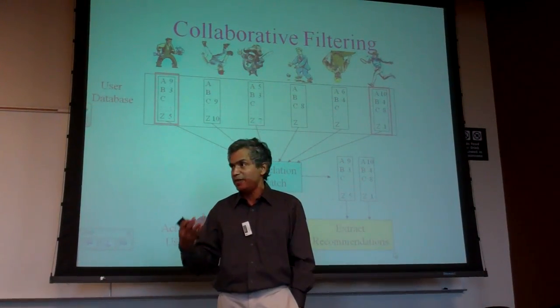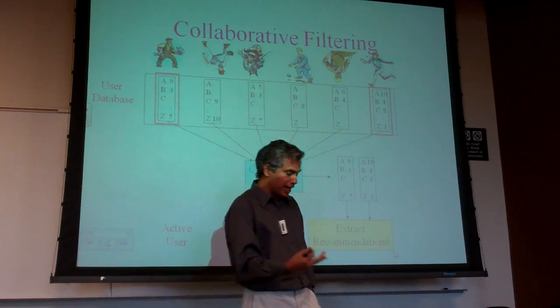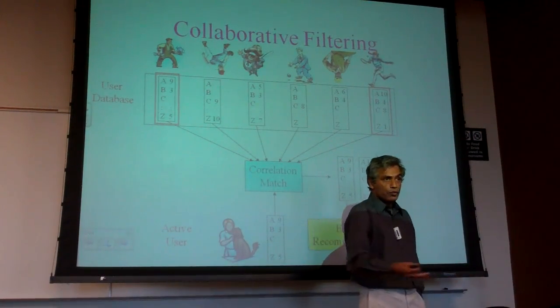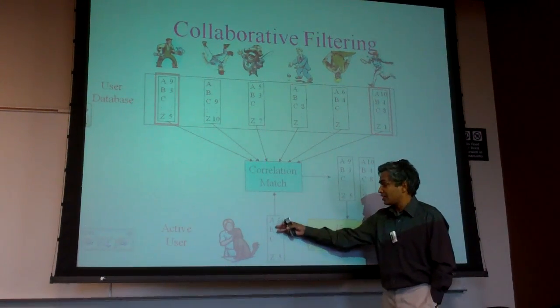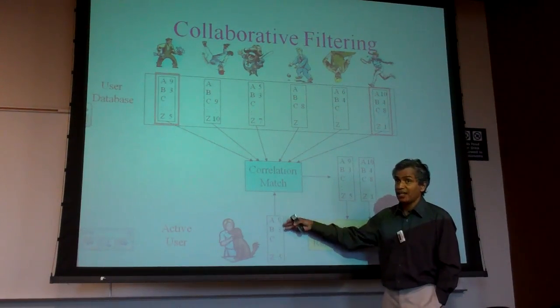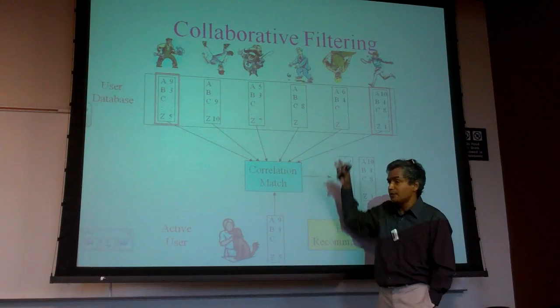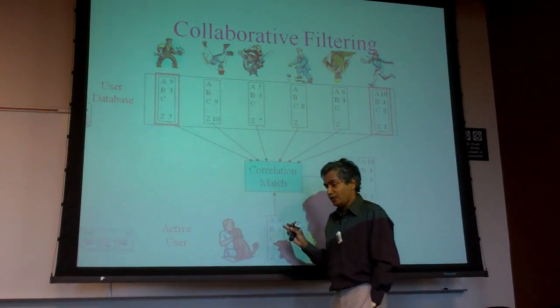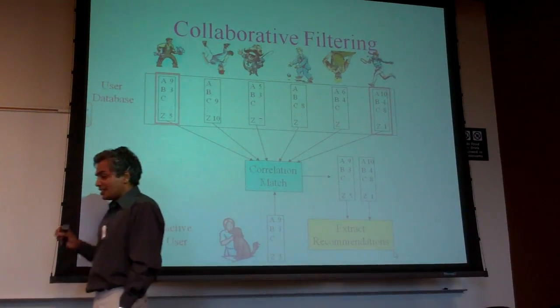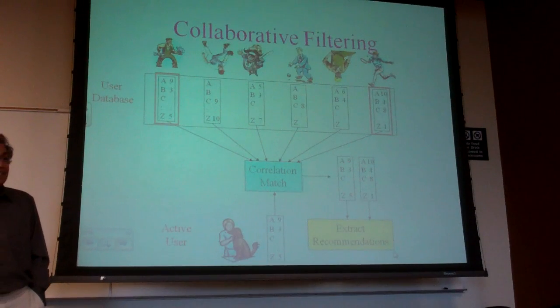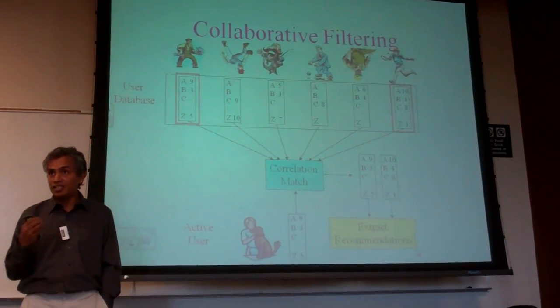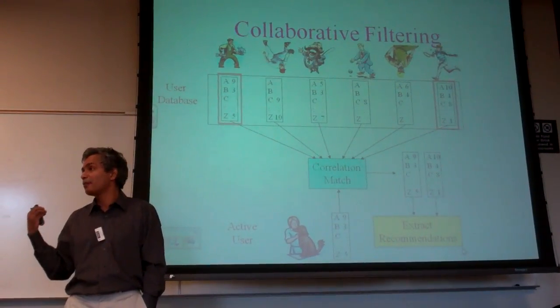The only reason it's recommending them to you is because people like you bought various other things, so that's why they are like you. These are the ones that they also bought. So they bought this other item and maybe you will be interested in it. Okay. In some sense, the items are connected only because of correlation between the users who are buying them.